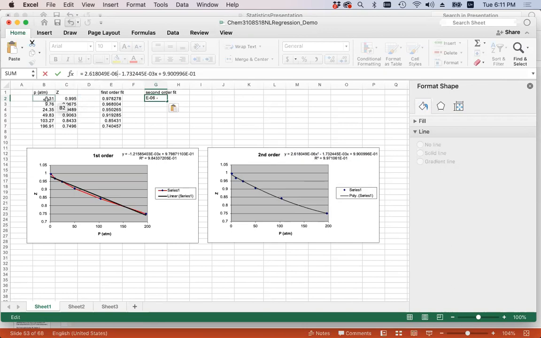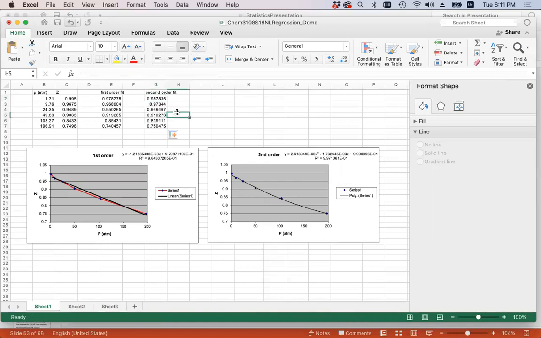So I'm going to take this quadratic coefficient and multiply it by the pressure squared. And then I'm going to take the linear coefficient and multiply that by the pressure to the first power. And then the constant at the end stays as it is. Now I can click the lower right-hand corner of the cell and drag it down in order to copy the formula.